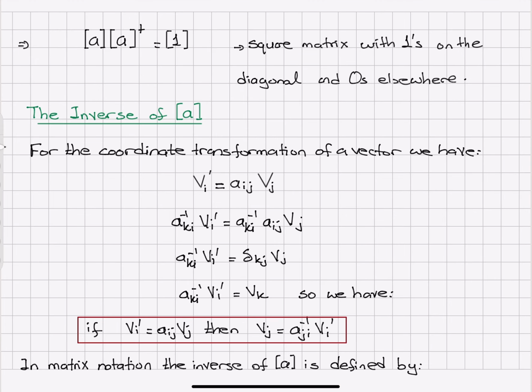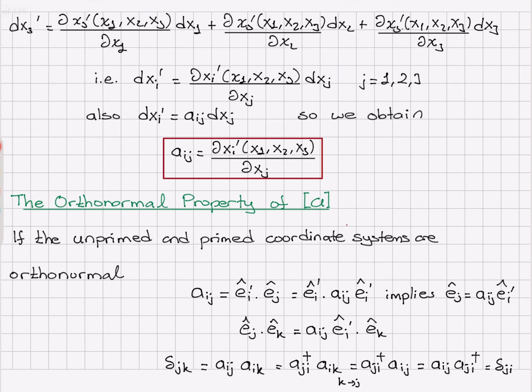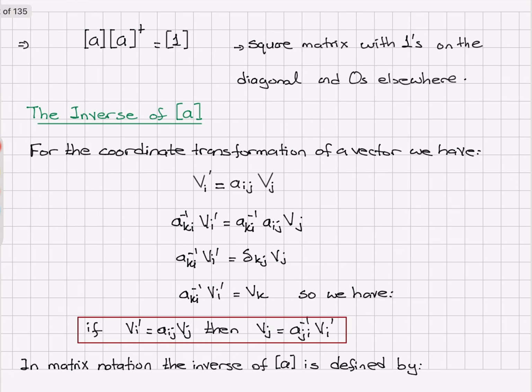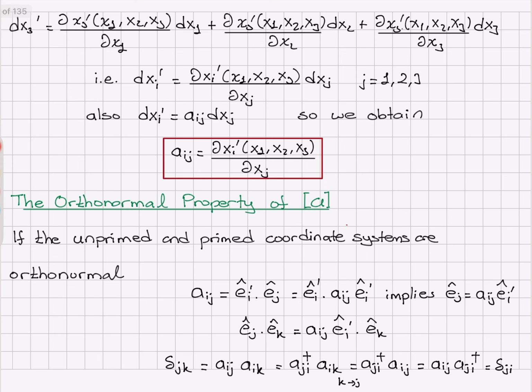So this orthonormal property of the coordinate system, unprimed and primed coordinate systems are orthonormal, automatically implies a transformation matrix that takes us from one orthonormal coordinate system to another one, satisfies the property A multiplied by its A transpose is equal to the unity matrix, which is a square matrix with ones on the diagonal and zeros elsewhere.